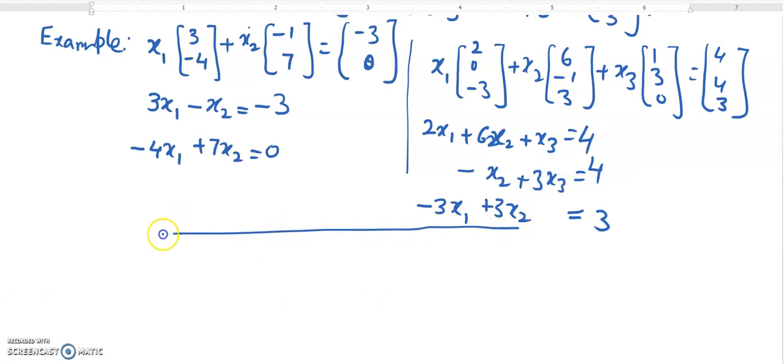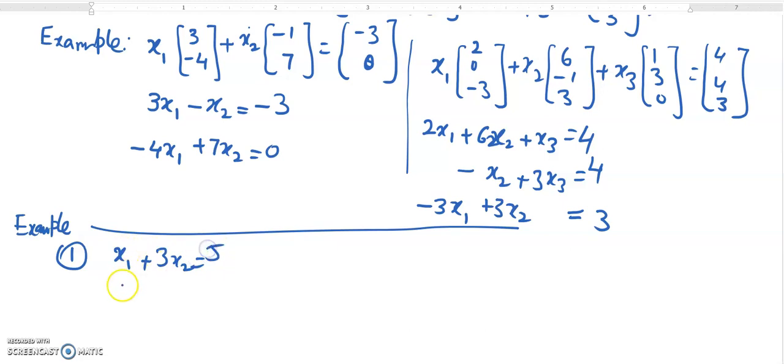Okay, and we can also reverse this process. For example, if we have a system of equations, something like this: x1 plus 3x2 is equal to 5, minus 2x1 plus 3x2 is equal to minus 1. We can represent it in vector format.